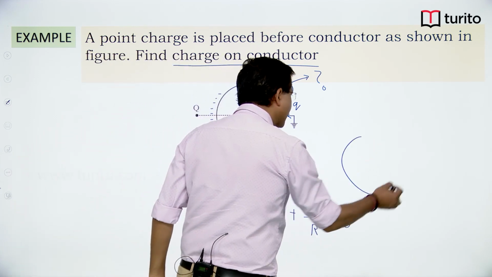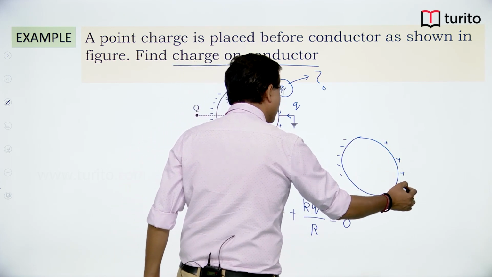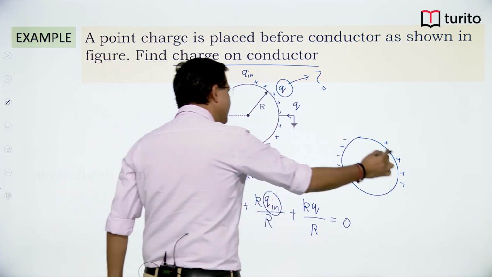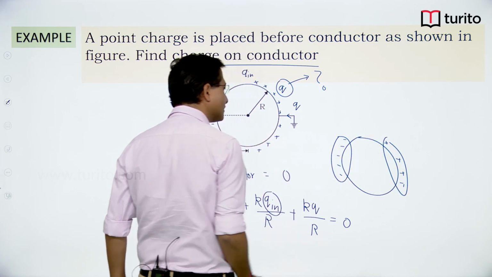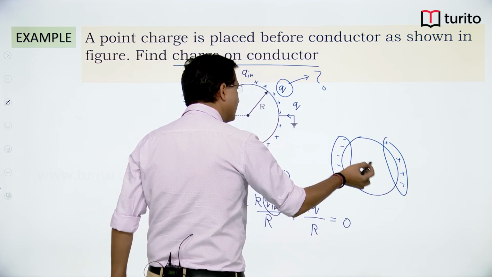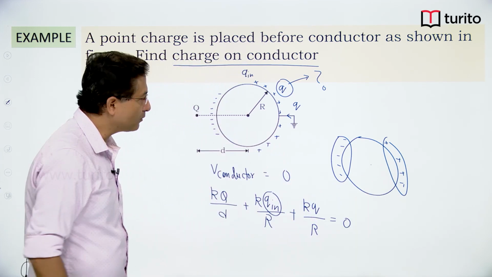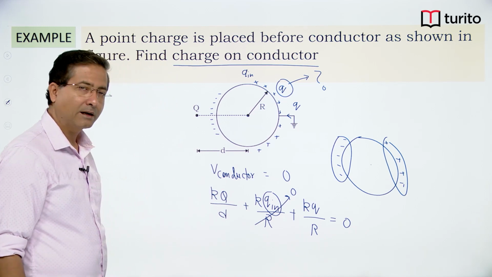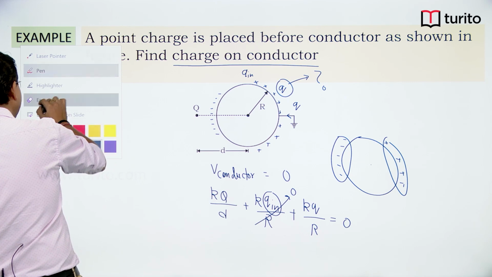If only induced charge I take into account, minus and plus, forget about this charge for time being, assume that this charge is not there, only induced charges are there. Whatever negative charge we have, same positive charge we will be having, this negative will produce negative potential and positive will produce positive potential. So the net potential produced by this induced charge has to be 0, right.